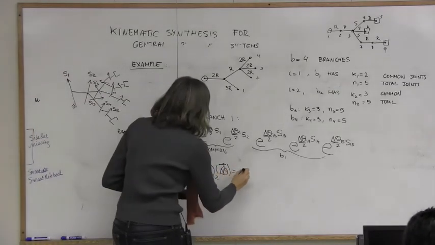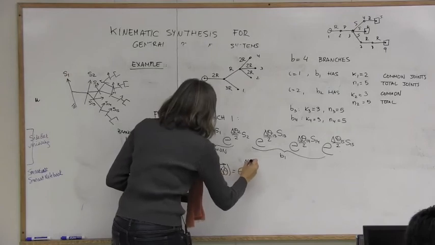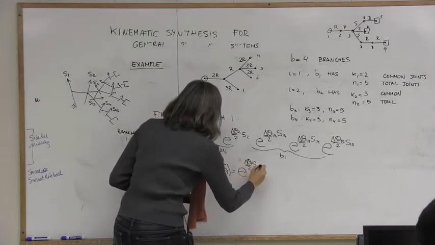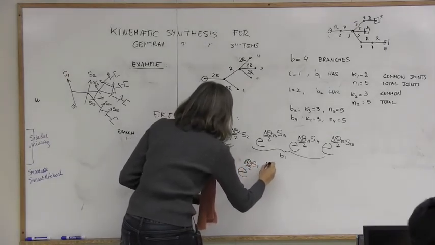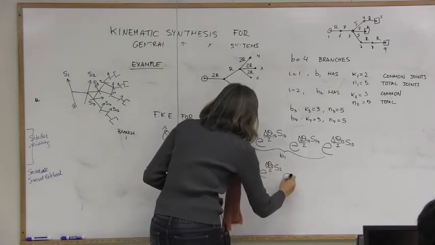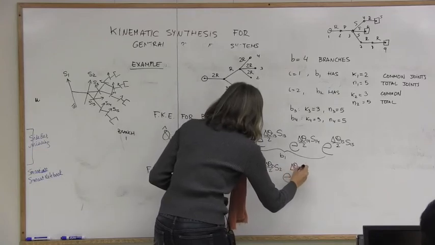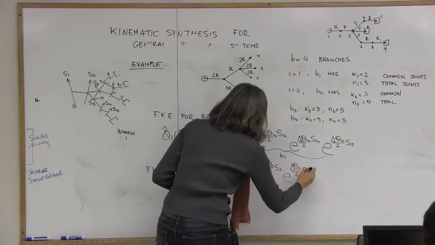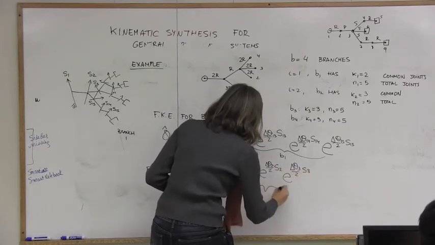So we'll have e delta theta 1 over 2 S1, e delta theta 2 over 2 S2, e delta theta 3 over 2 S3. These are the common.